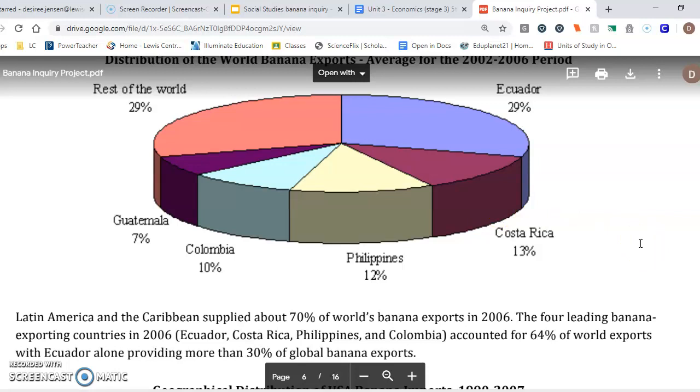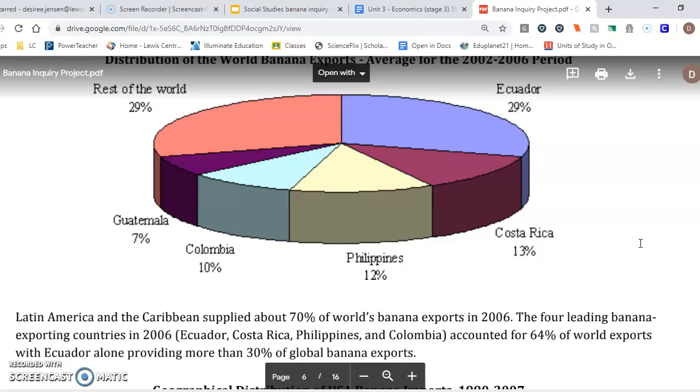Latin America and the Caribbean supply 70% of the world's exports. Most of those countries are growing and harvesting bananas and selling them to other countries. The four leading banana exporting countries in 2006 were Ecuador, Costa Rica, Philippines, and Colombia.